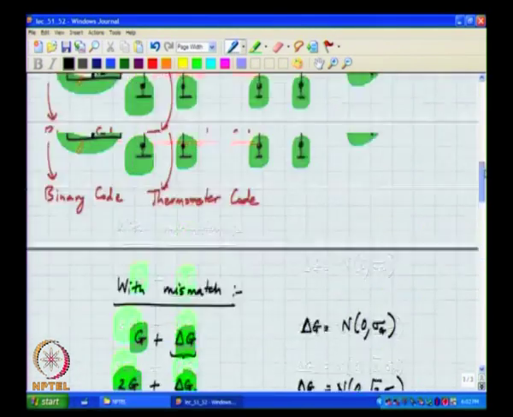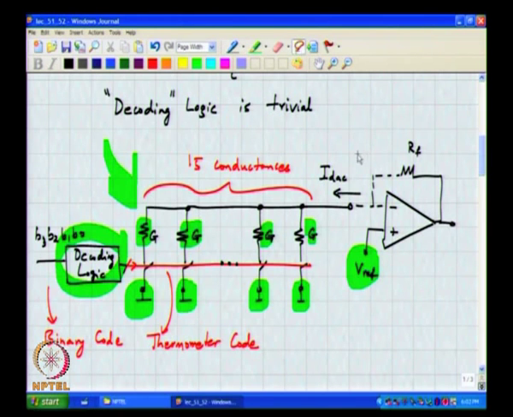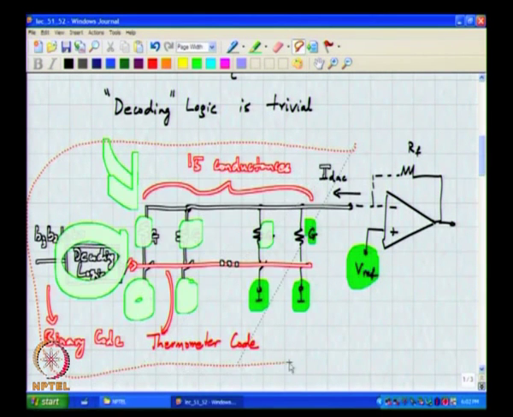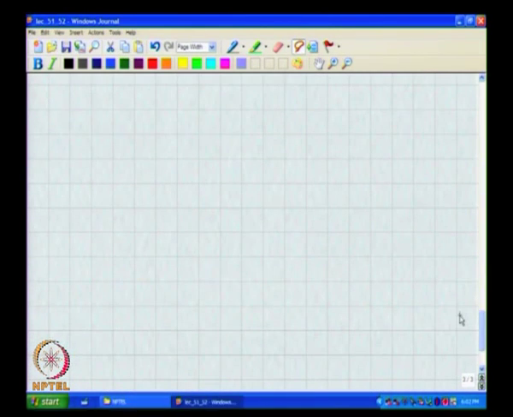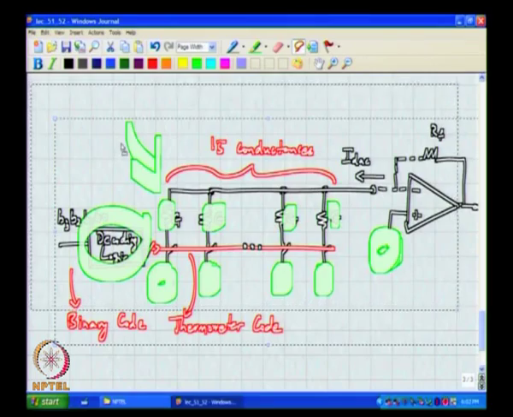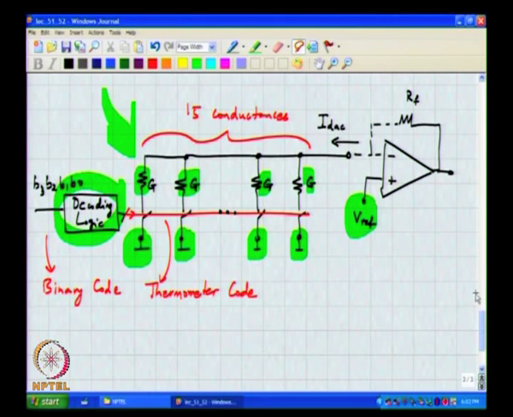Please recall that this way of doing this, because it is based on a thermometer code, is called, all right.